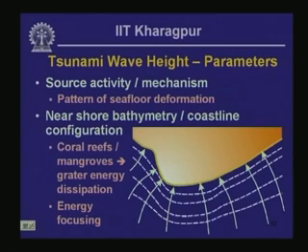Basically, in areas where the coastline projects or thrusts towards the sea, such as headlands, they are more susceptible to tsunami damage, because in those situations the energy that propagates with the tsunami wave gets focused towards the portion of the land that is jutting into the sea.